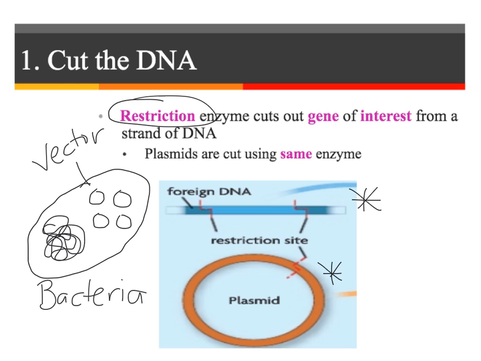So basically, you take your gene of interest. Let's say it's that glowing gene from the jellyfish. So here is the strand of jellyfish DNA, and this is the part that has the sequence for the glowing. You use a restriction enzyme to cut that out.